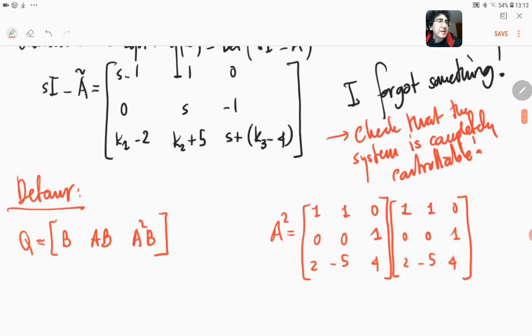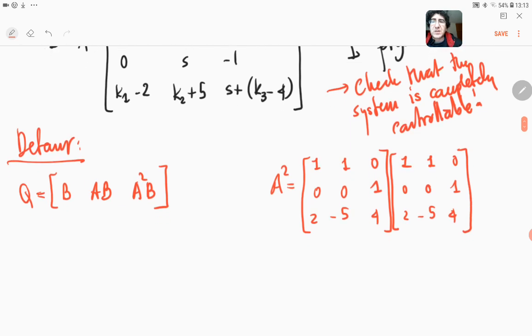It's easier to write the matrix twice because when you're multiplying two matrices, you need to go by a row and a column to find the corresponding entry. For example, this first entry at 1, 1 is 1 times 1 plus 1 times 0 plus 0 times 2, so that is equal to 1.